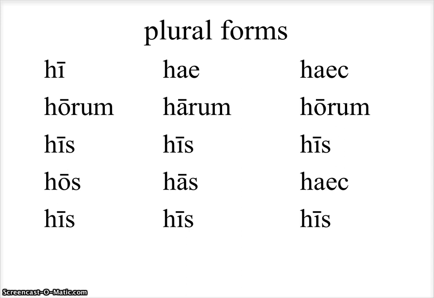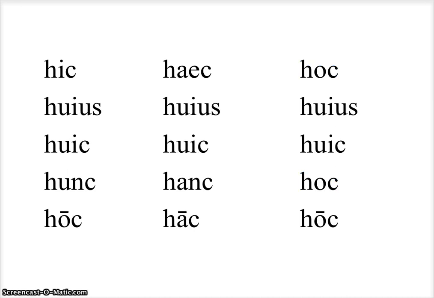These are the plural forms of first declension nouns and adjectives. The only irregularities here are in the neuter plural, haec, haec, for nominative plural and accusative plural. So just remember those forms. In the plural, hi, hae, haec, haec.